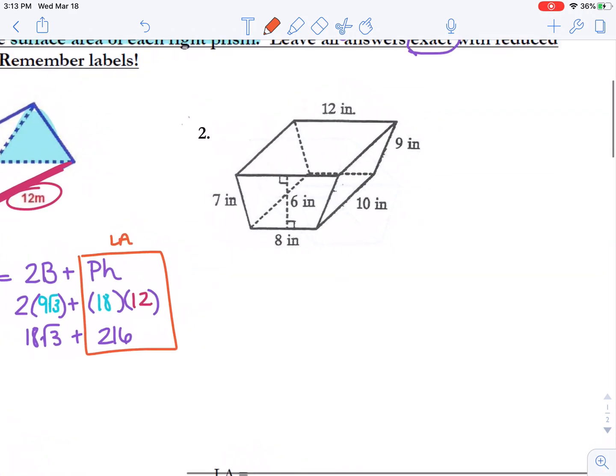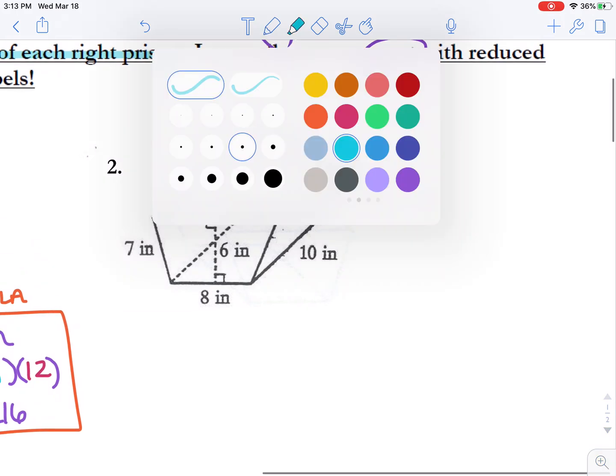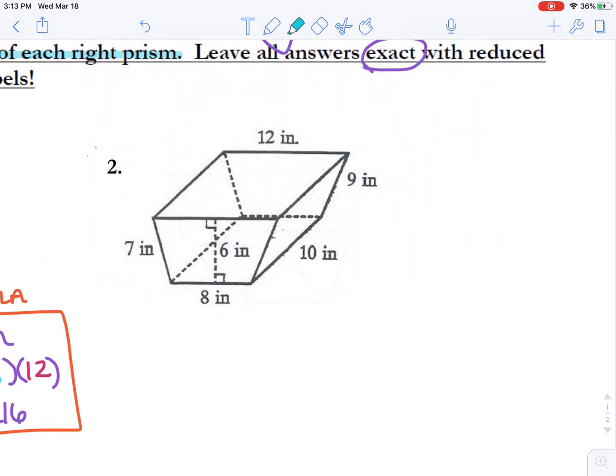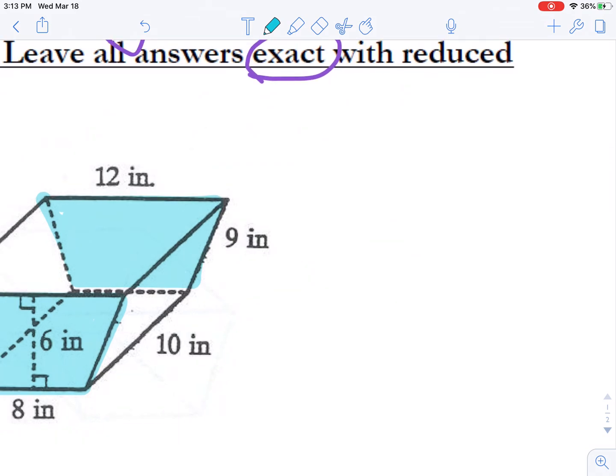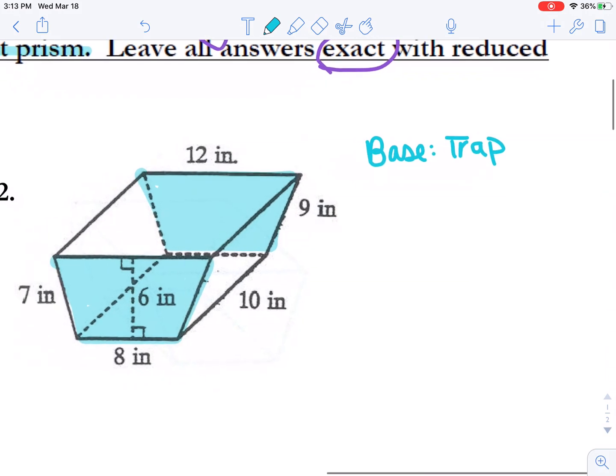So again, directions told me that this is a prism, so I need to find my 2 congruent parallel bases. In this diagram, the bases are these trapezoids. So before I start with my surface area formula, I need to focus in on these trapezoidal bases. Our base is a trapezoid, which makes this a trapezoidal prism.